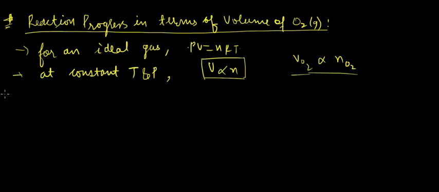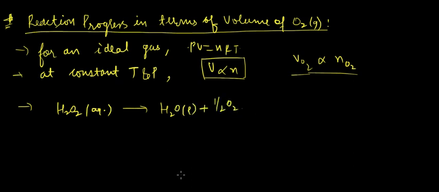Okay. So suppose we have H2O2 aqueous forming H2O liquid plus half mole of oxygen. Let's say the initial moles of H2O2 was A, and these both were 0.